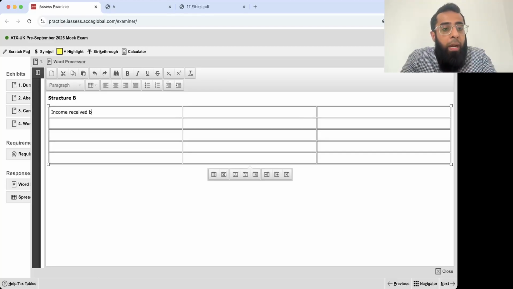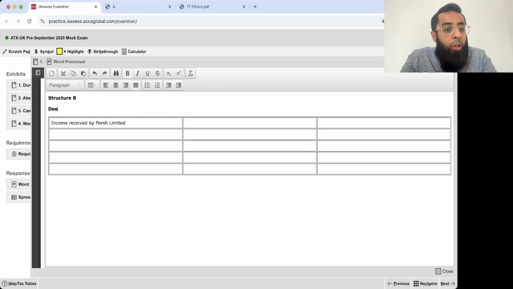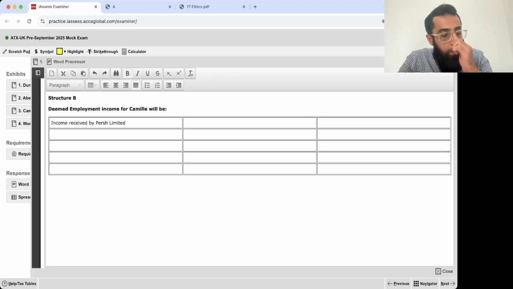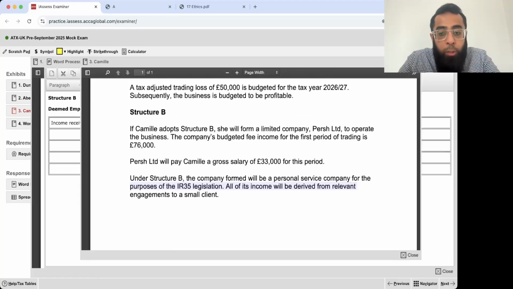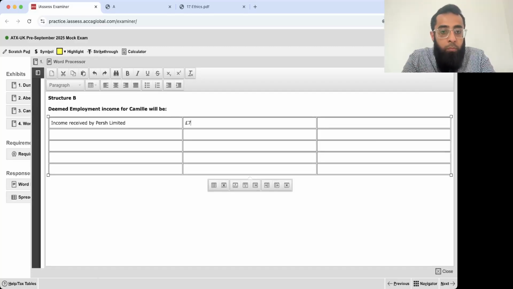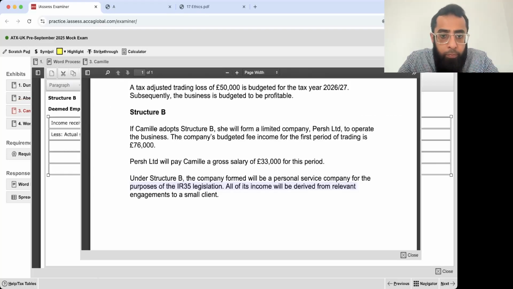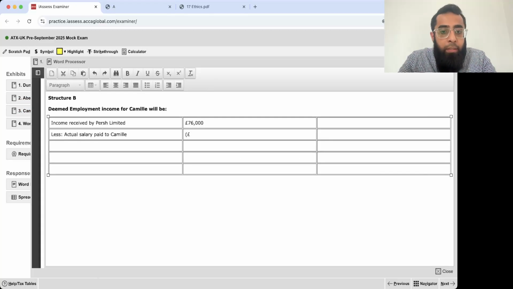Income received by Parish Limited was how much? It was 76,000 pounds. Okay, less actual salary paid to CAMLA, that was 33,000 pounds.